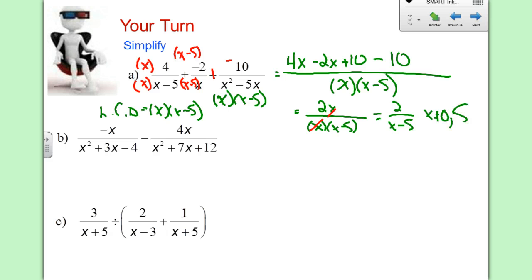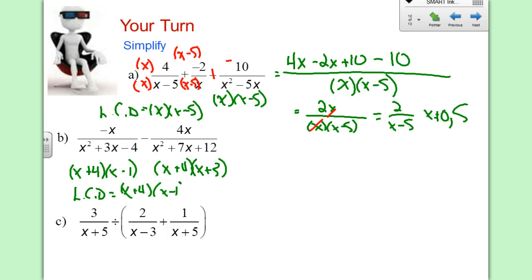In the next one, we have to factor it, and in this one we factor and we get x plus 4 and x minus 1, and in this one we get x plus 4 and x plus 3, so my lowest common denominator is x plus 4, x minus 1 and x plus 3.